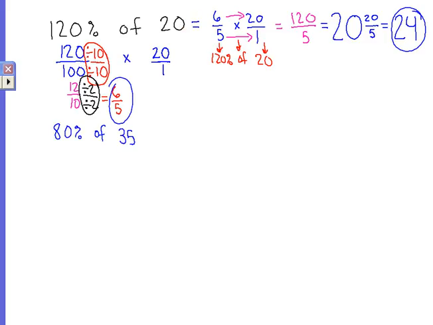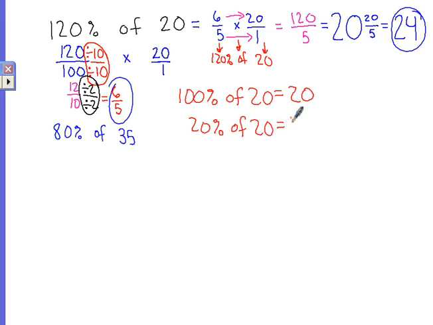Another way to look at that would be to say 100% of 20 is 20, and 20% of 20. 20%, of course, is 20 over 100 of, its multiplication, 20 over 1. 20% becomes 2 tenths times 20 over 1. 2 tenths, of course, can be reduced again to 1 fifth of 20 over 1.